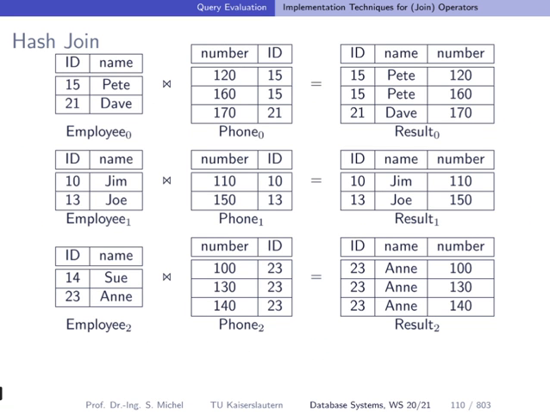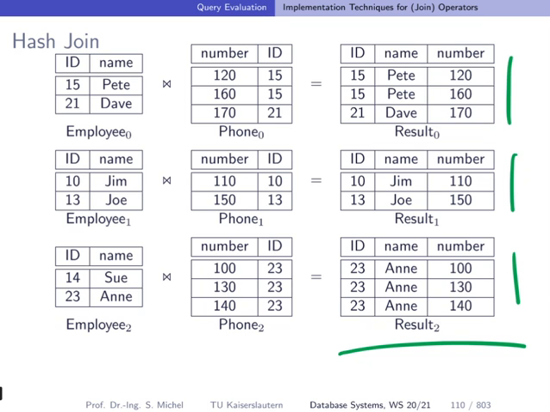Here in the illustration you see the real values from before and the hash function that maps x to x modulo 3. And you see we have results for the individual partition joinings, and overall, if you look at all of these result tuples, this will be the correct result of our overall join between the two tables.